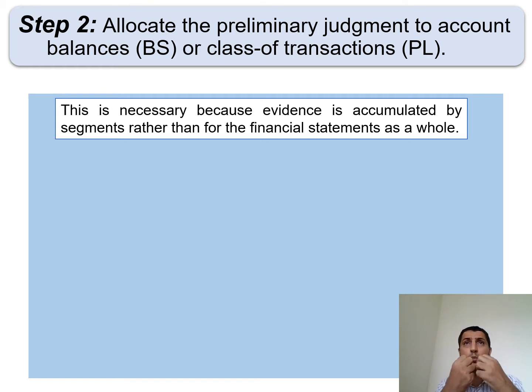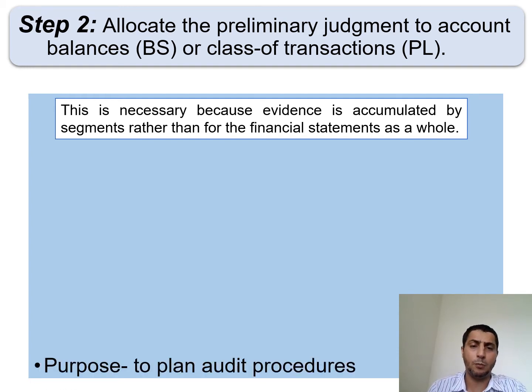So we need to break down the materiality or the preliminary judgment in order for us to measure the evidence that we collect, whether it is materially misstated or not. So we need to break it down. So this step is very important.